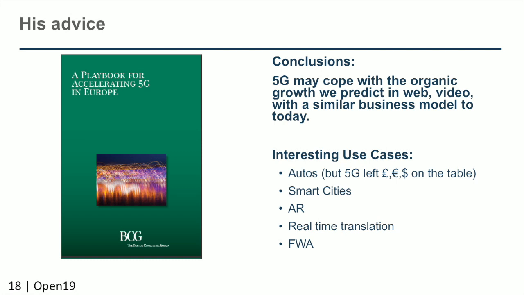And so the Boston Consulting Group, they're consultants, they must be very smart. They basically said, well, 5G is the only way that we can cope with the growth of mobile handset devices in sort of like a 4G kind of way, in a cost-effective way. So 5G is a cost-effective replacement for 4G scaling. Okay.